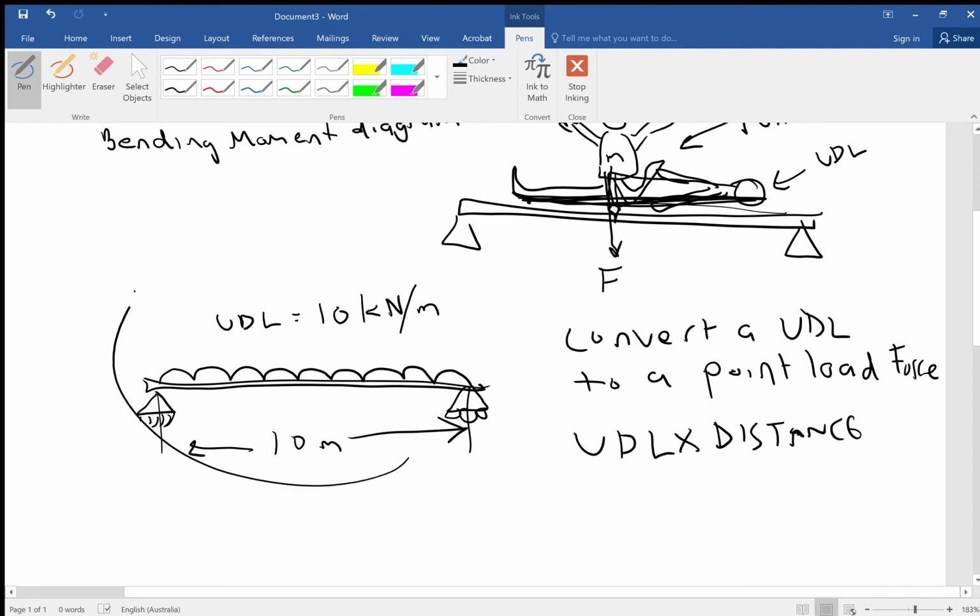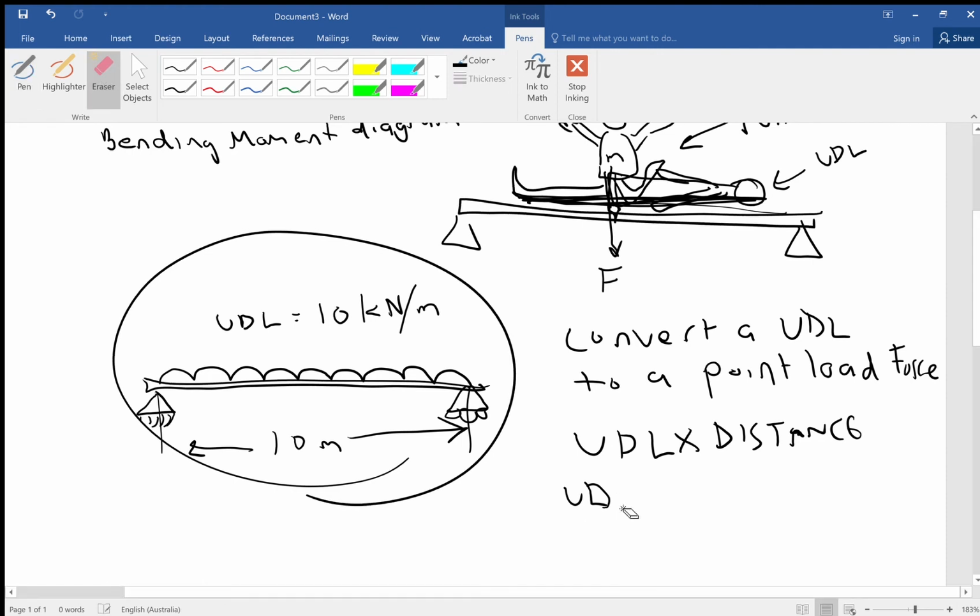So for this situation here, we've got UDL equals 10 kilonewtons per meter. And we've got our length of 10 meters.